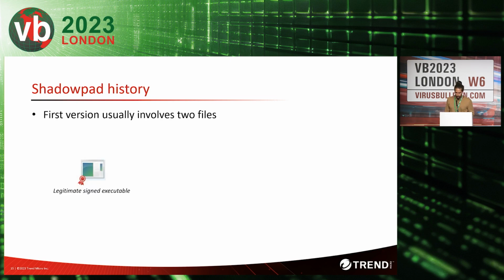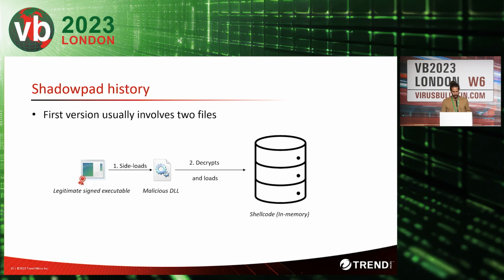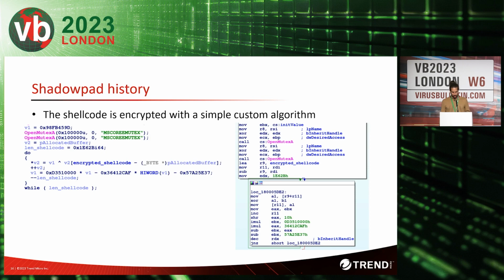The first version involves only 2 files: a legitimate signed executable that would sideload a malicious DLL. This DLL would, in memory, decrypt and load a shellcode, and this shellcode would load some plugins. These plugins would be the ones that actually embed the features like retrieval of files or password dumping or whatever. This shellcode is encrypted with a simple custom algorithm.